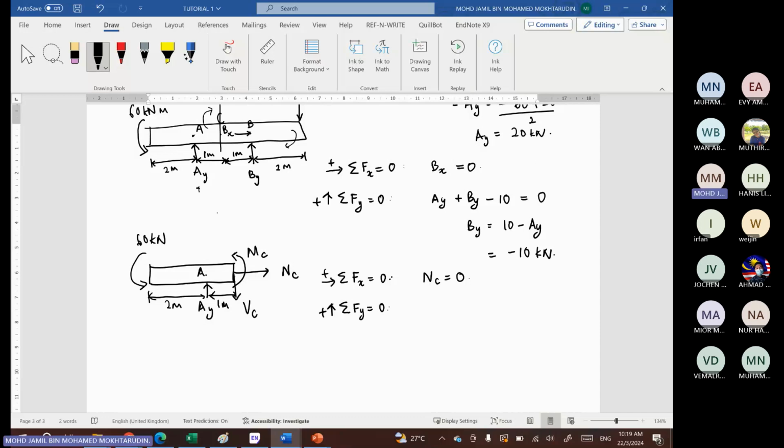So here we have AY, we have VC minus, and that's it. Okay, there is no other vertical forces. So you get VC equals AY, or equals 20 kilonewton.